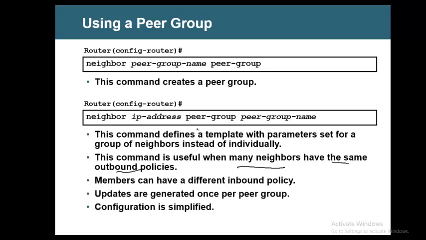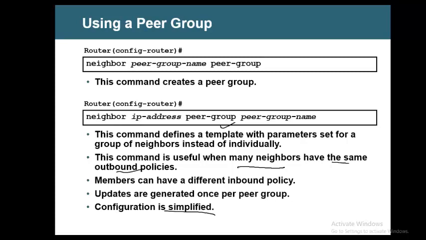Because it is the same outbound policy, instead of repeating that same policy with multiple neighbors, we'll create a template and then copy the template to all the neighbors. So what is the advantage? That makes the configuration simple. The number of lines that you need to create is less.